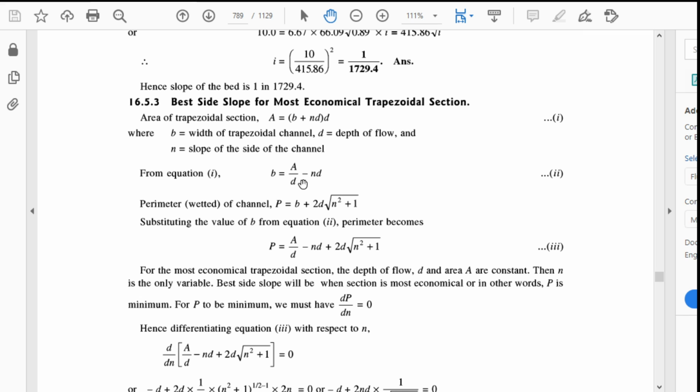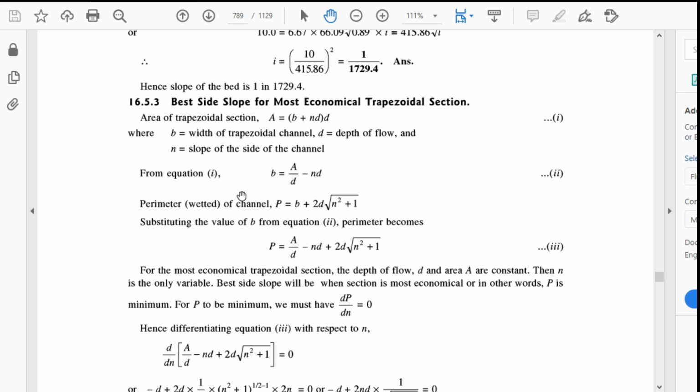A by D minus ND. The value of B is known. Now the wetted perimeter for the channel will be, for the trapezoidal section, the three sides of that section to be considered.